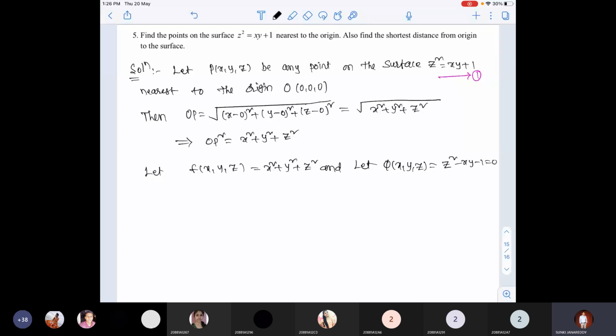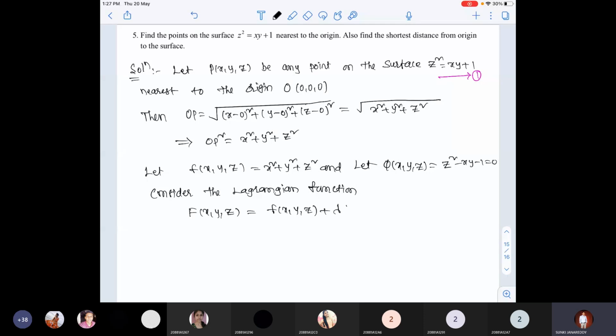Now here consider, what is the first step here, tell me, Nana. Consider the Lagrangian function or auxiliary equation, that is capital F of x comma y comma z is equal to small f of x comma y comma z plus lambda into phi of x comma y comma z.